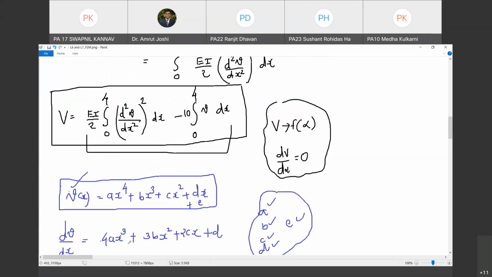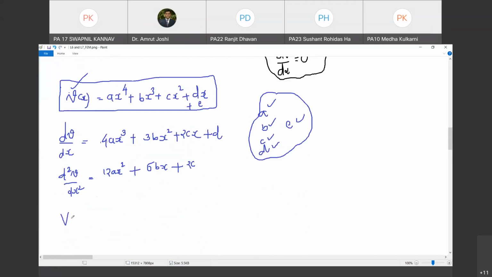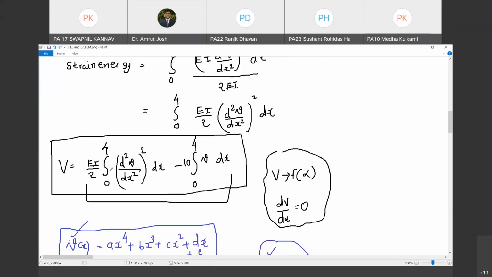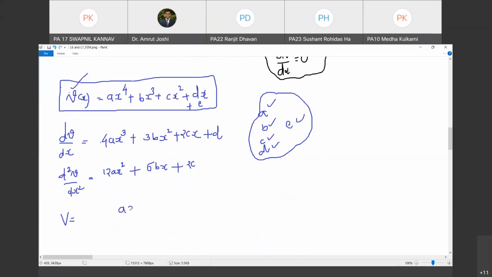Chalo. Now, can I substitute these values in the expression for potential energy? See, d square v by dx square is there, isn't it? Are you with me? Yes, sir. So can I substitute this v of x here? No, it is d square v by dx square, and we need to take its square.